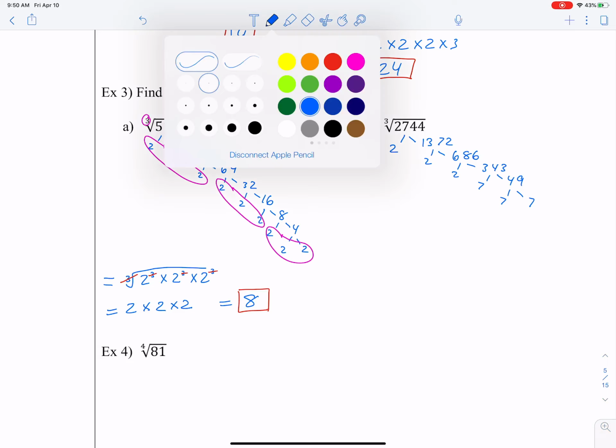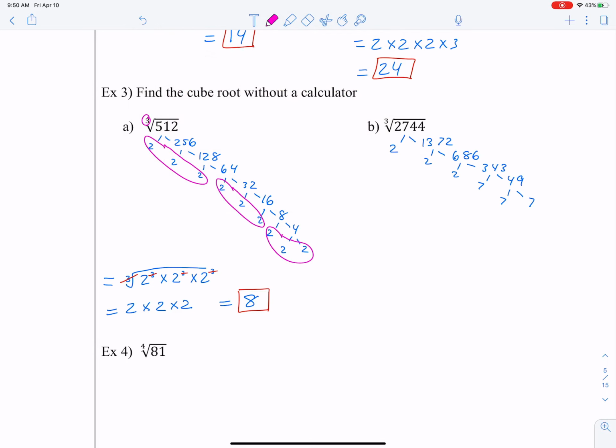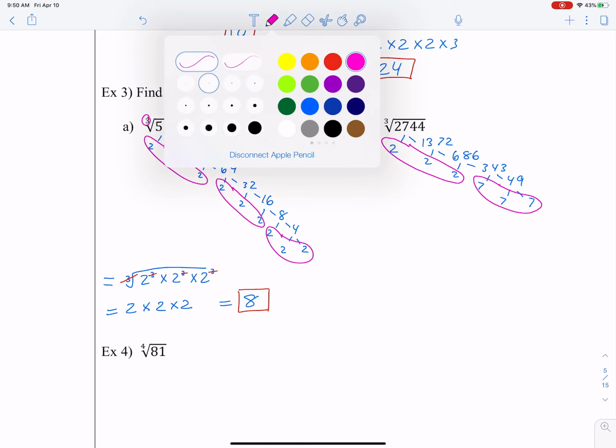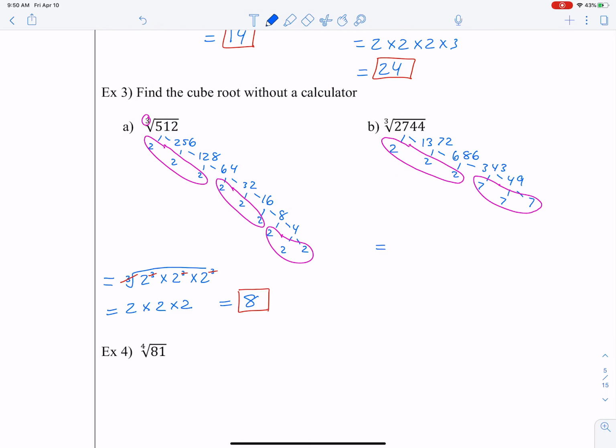So we're looking for 3 identical numbers. We have 3 2s and we have 3 7s. There we go, 3 7s. So now I can write this. I'm going to have my root with my index that matches the initial question.